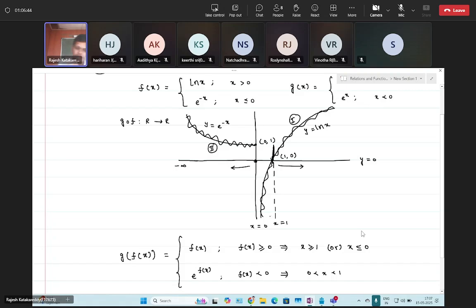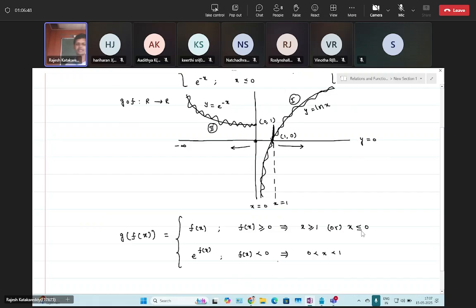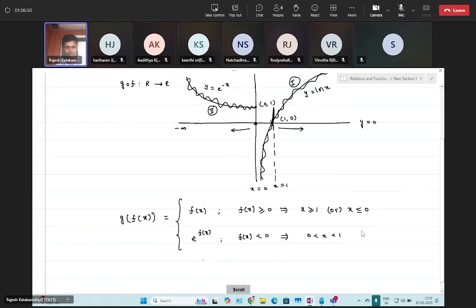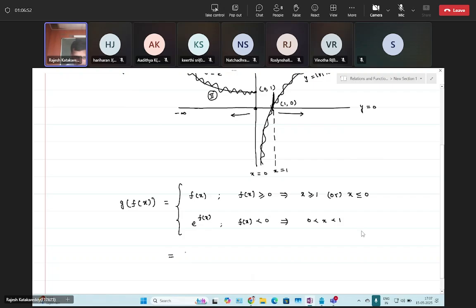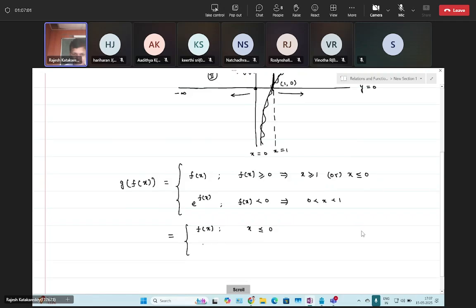Clear? Understood? Now, once I finish this, you go back to the definition. Maybe you write in one step: this is function f of x when x is less than or equal to 0. This is e power f of x when 0 less than x less than 1, right?